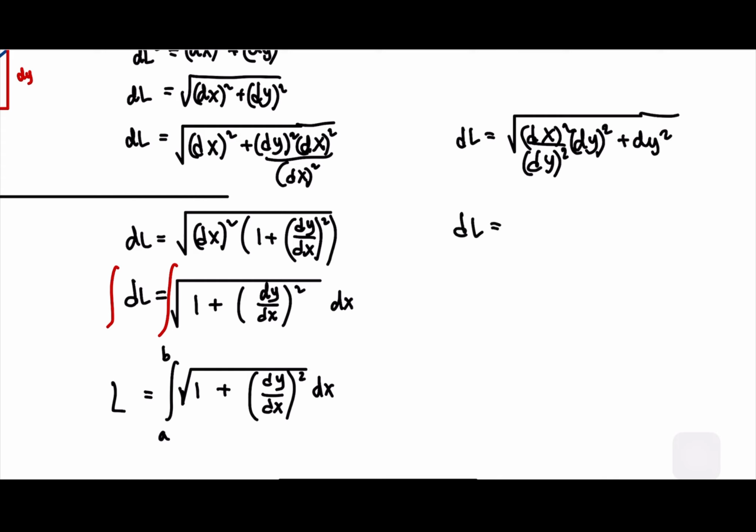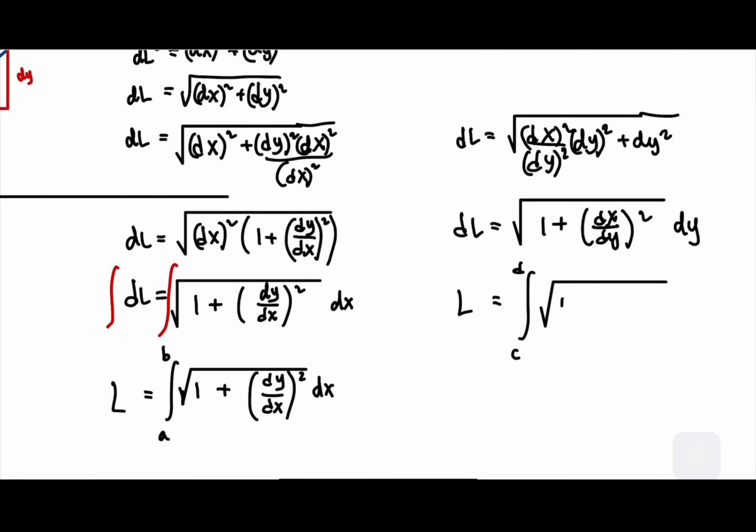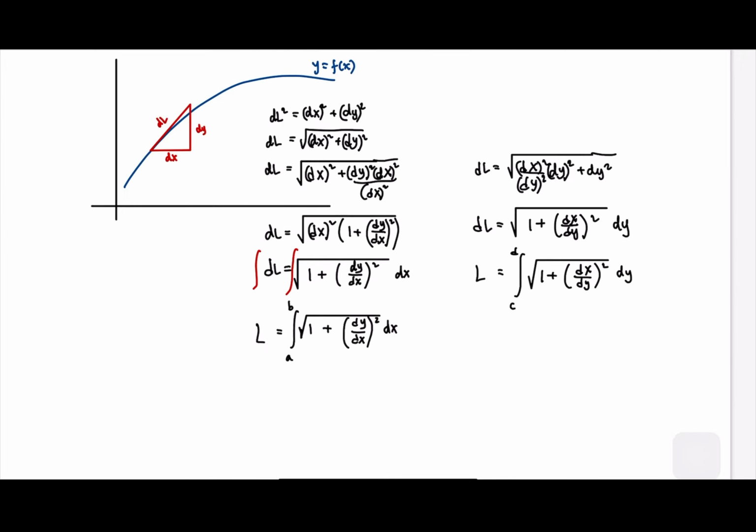So we will have 1 plus dx over dy squared, and then dy, and we have L, let's say this is c to d of 1 plus dx over dy squared, and then this is dy. We can also have that in our terms. We can exchange x with y, so we can have functions of y, right? Okay, so that's the arc length.